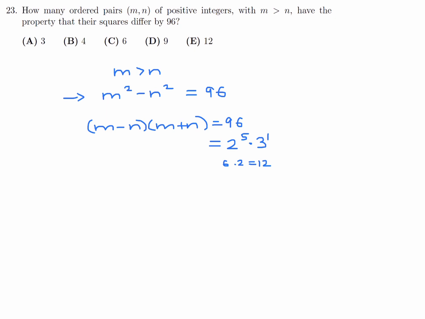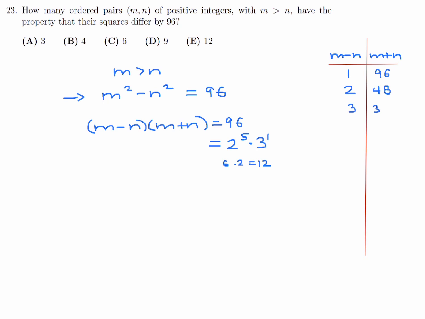All right, so let's make a list of the possible choices of what can be this number and what can be this number, because two numbers multiplied together have to give us 96. All right, so m minus n and m plus n. So here we go. m minus n can be 1, m plus n can be 96. That will work. 2 and 48, that will work.